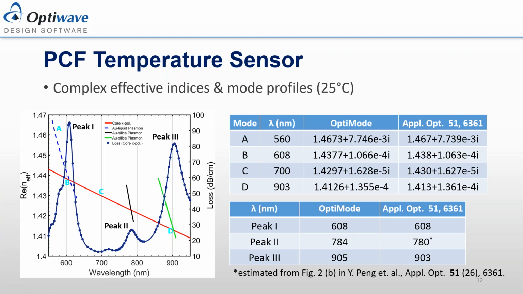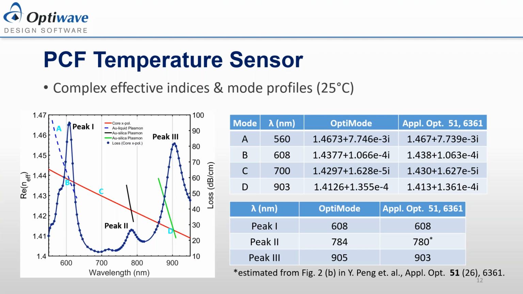We see that the OptiMode product is providing results that are in very good agreement with the reference paper. I do want to comment, the reference paper doesn't actually specify the wavelength for their second peak. It is shown in their graphs. This value had to be extrapolated from the graphs, and that's why we've got the asterisks there. But the OptiMode product is in good agreement with the reference.